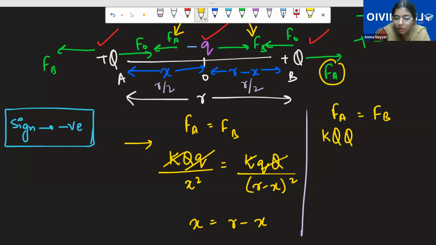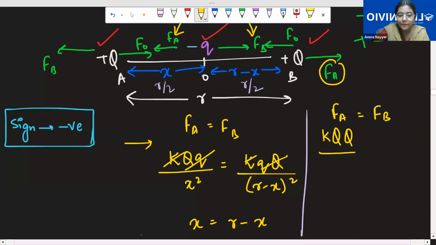K into capital Q into capital Q divided by what should I write? What's the separation? We write the separation square. Look in the figure, Anisa. What do you think is the distance between both the Q's? Can you see R, a separation? R. So it will be R square. Yes, R square, correct. So this is one side.